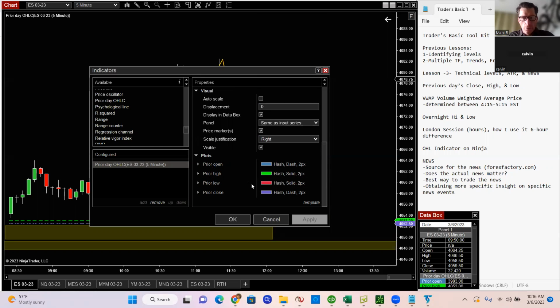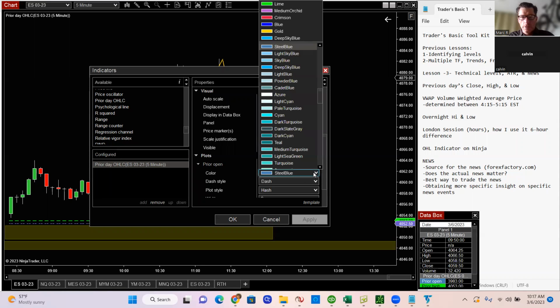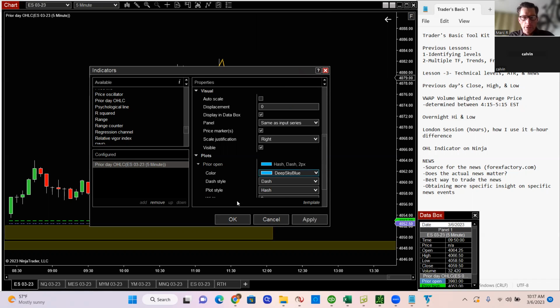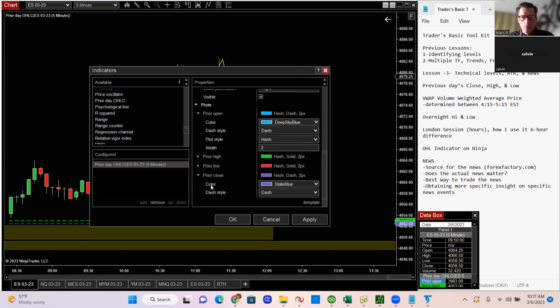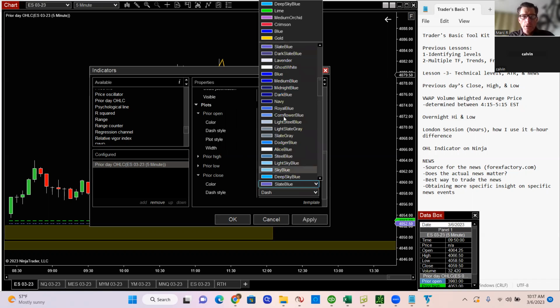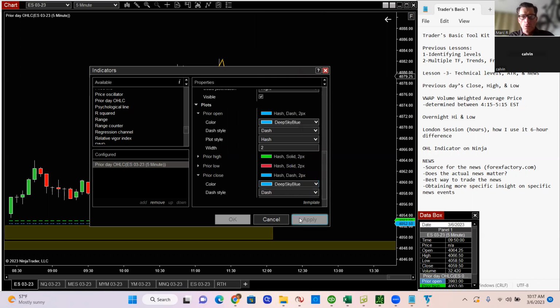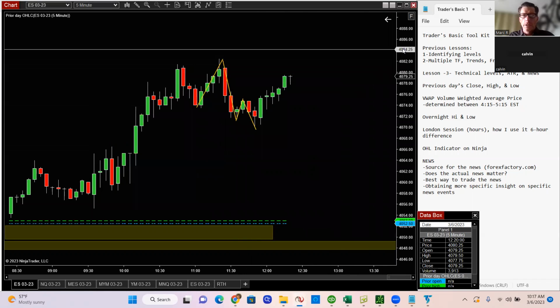So there's the high, there's the low, red, high, and low. And open, I'm going to put on this deep sky blue. And I'm also going to do the same thing for the close so that I know that's for me. Do it however you like. Deep sky blue. Cool. Apply, done.